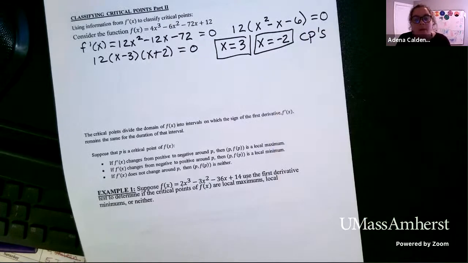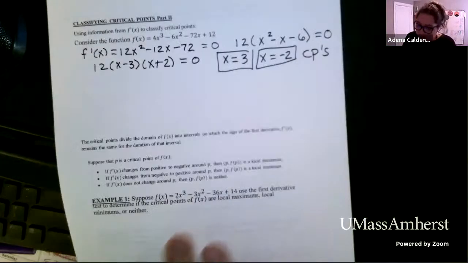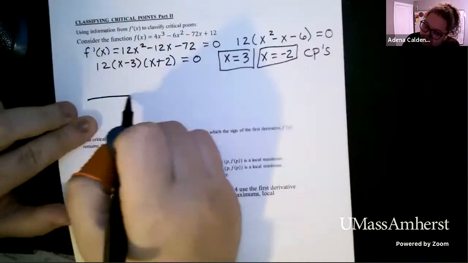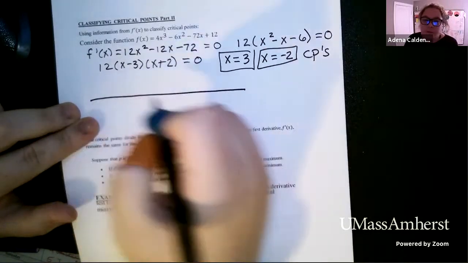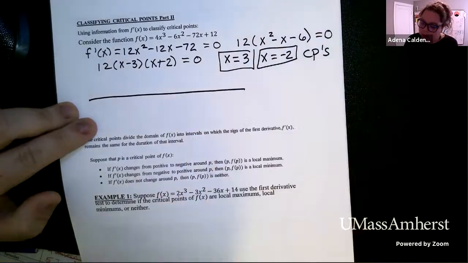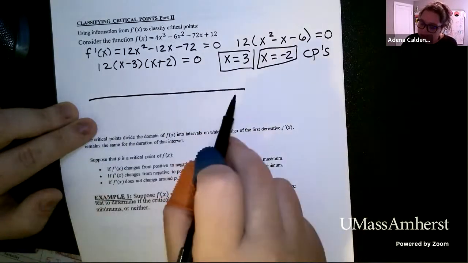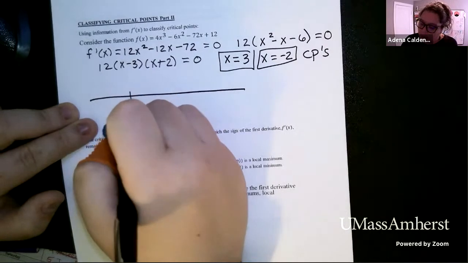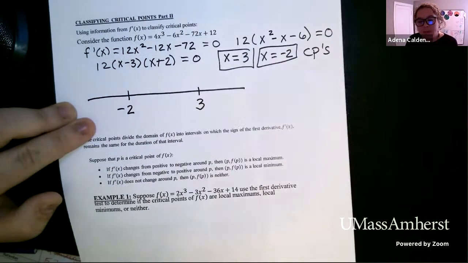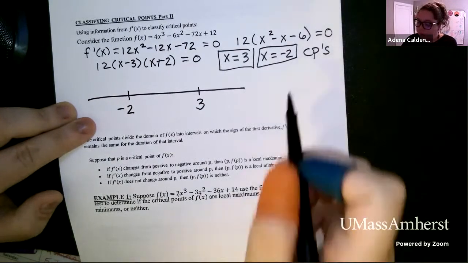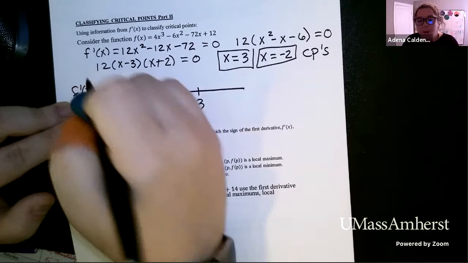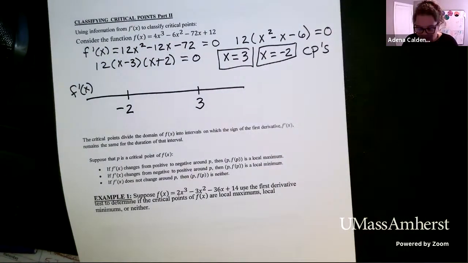Now, to use this particular test, the way we want to set this up is we need to look at the intervals of the first derivative as divided by our critical points. So we set up this number line, and we're going to put them in order like you would a number line. Okay, so we have negative 2 and 3. Those are my critical points. And I'm thinking about what is going to happen within the derivative.